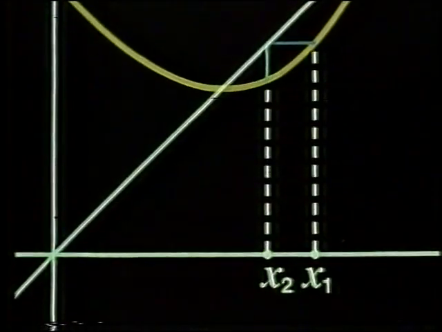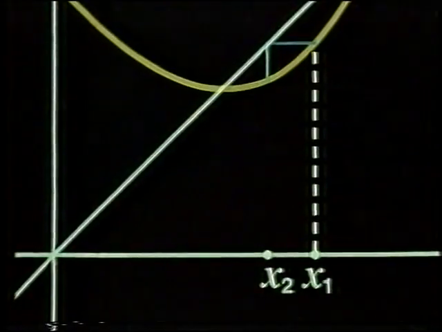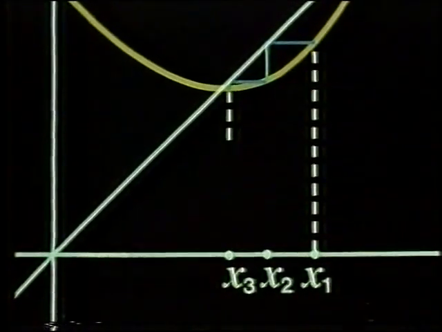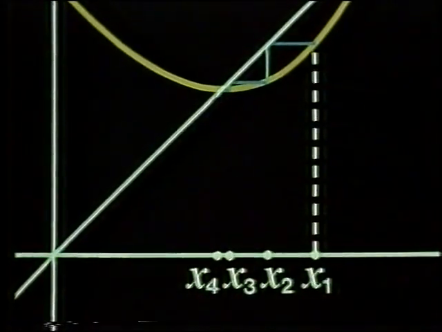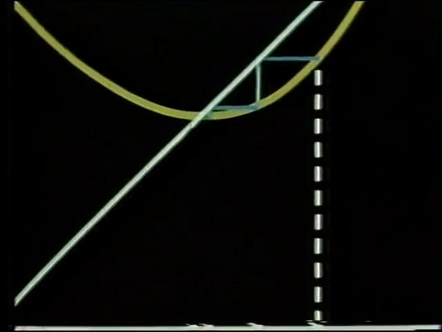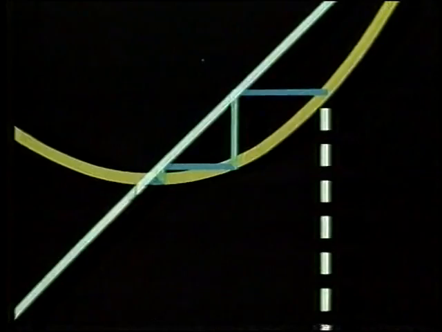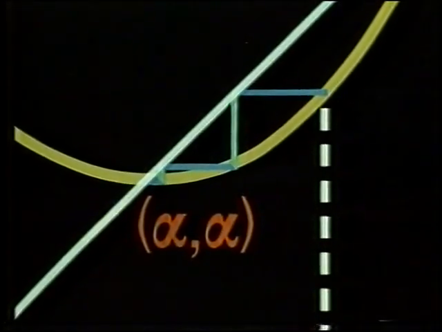Repeat the procedure. Vertically to the curve, horizontally to y equals x. That gives x3, and then x4, and so on. From this starting value, we've got a staircase that converges on the intersection. And the intersection corresponds to a solution of the equation x equals f of x.